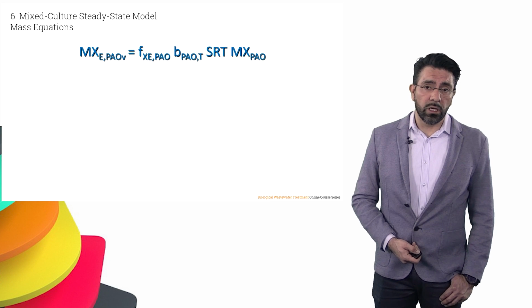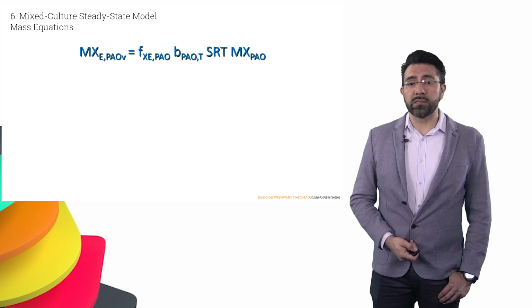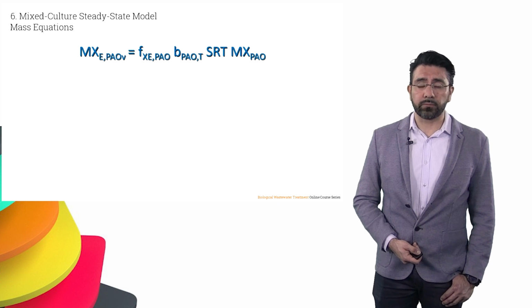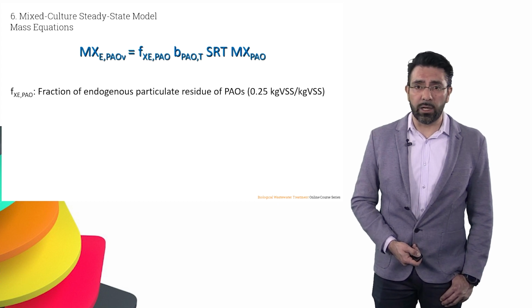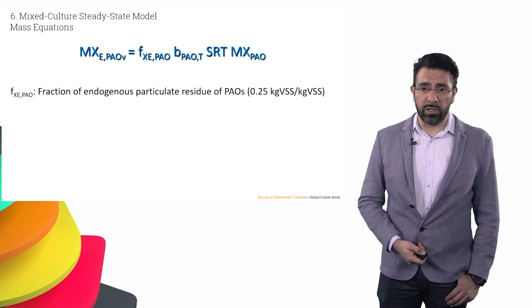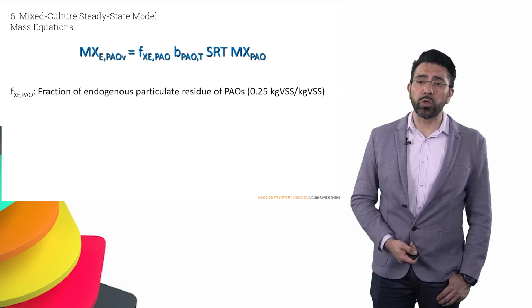For the PAOs, the endogenous residue, or the mass that they will leave behind as part of that mass loss rate, can also be estimated with a similar equation, but the PAOs leave behind a slightly higher fraction of endogenous particulate residue than the OHOs.